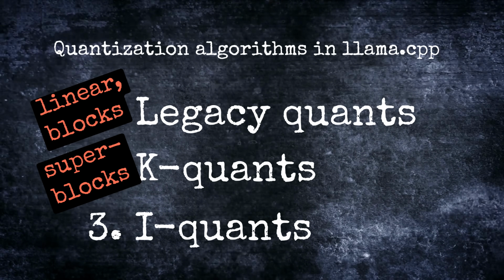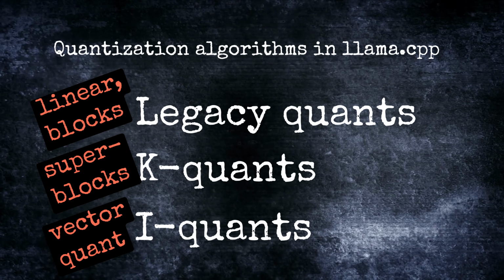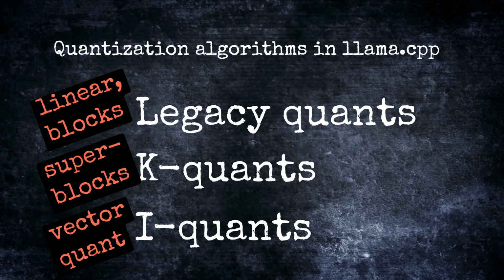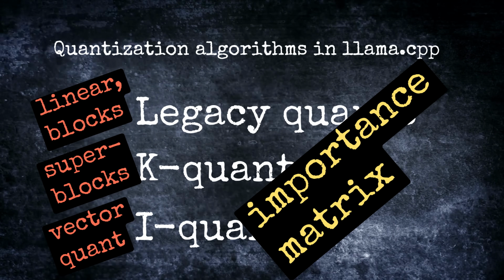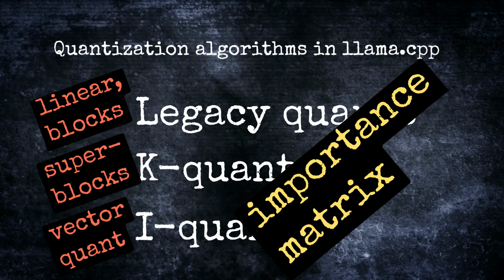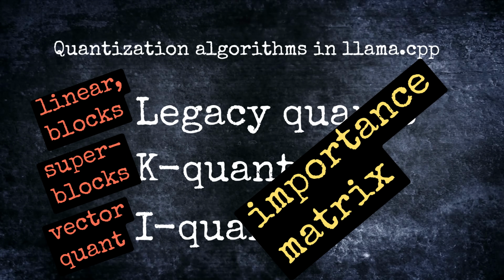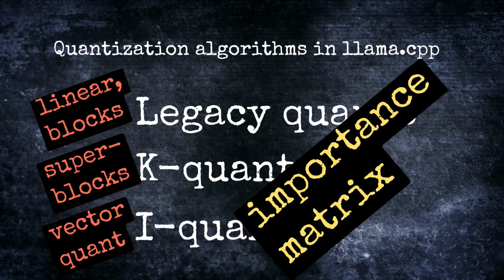I-quants switched to vector quantization, which improved the compression rate even further. And finally, the importance matrix is a quality improvement that can be applied to any of these versions, and which comes for free. It's simply a way to select better scales.